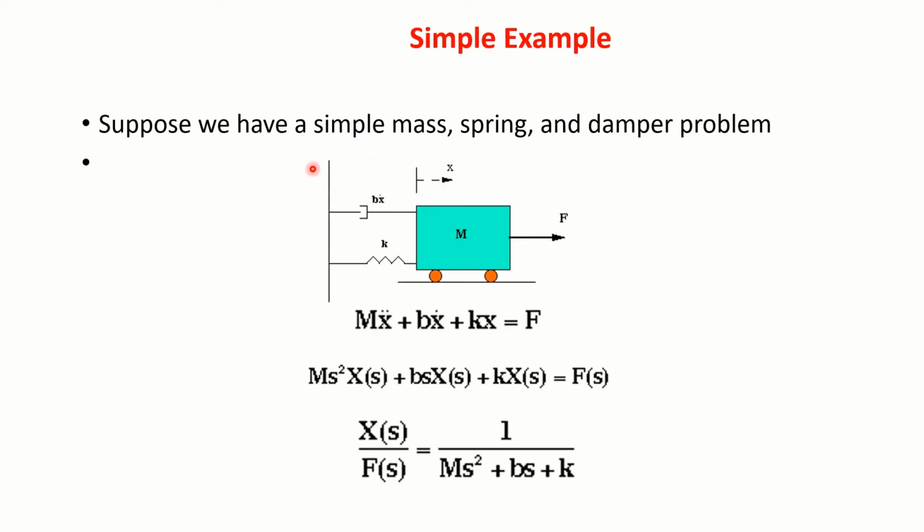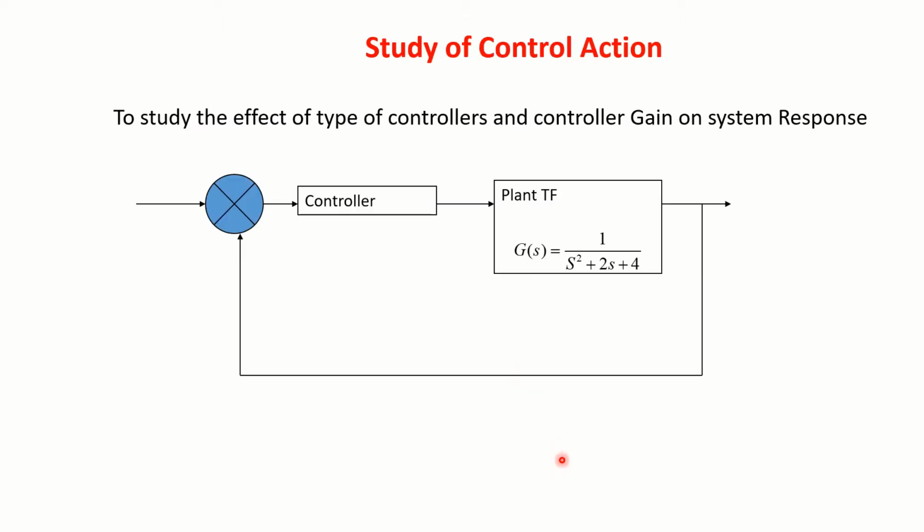I've just taken, as you know, the system very well. So the transfer function of this is ms square plus bs plus k. What I would like to do is give some values for m, b, k, and study the control action on this plant. Let us say this is the controller, this is the plant.